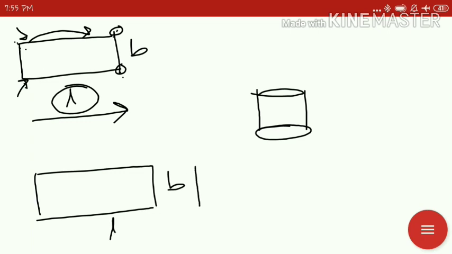Now if I roll it along the breadth, that means in this way, I am taking those two corners to meet the other two corners. Now here the round part, the circular part, is going to be formed by the breadth only.